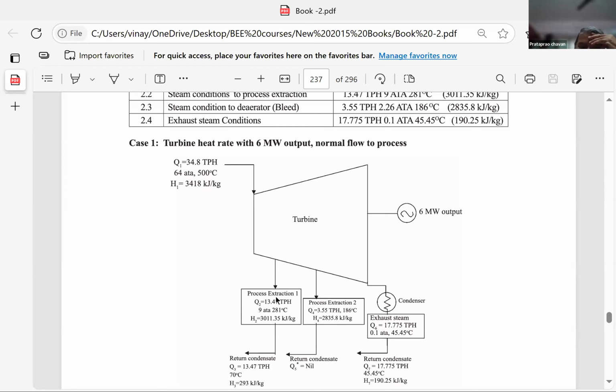All taken together: this is plus, this is minus, this is minus, this is minus. Make an addition. This addition in the numerator, total heat input in the denominator, you will get the efficiency of the entire system. If you want to take the efficiency of a turbine, then you have to take these values, find out the equivalent of electrical, total heat, and divide by the total input. That will give you turbine efficiency.